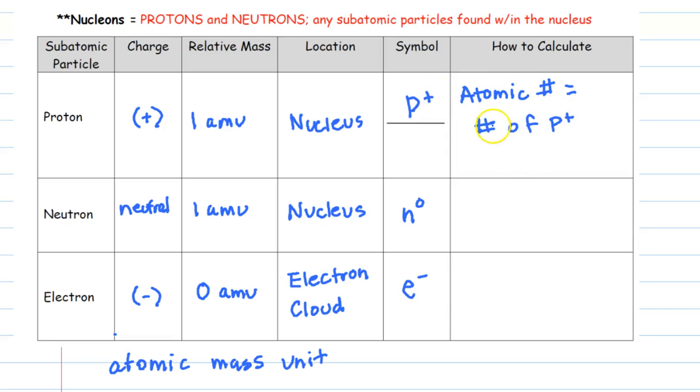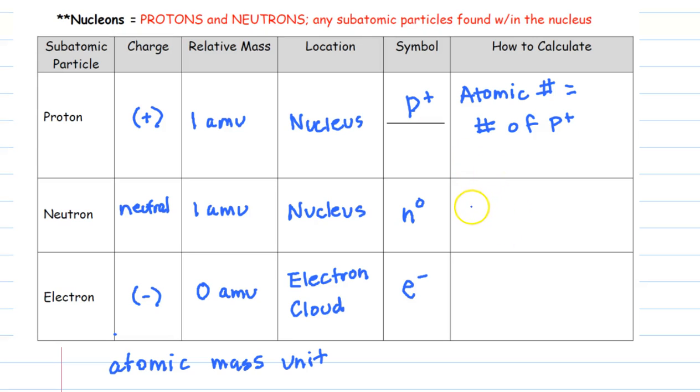So if you look for the atomic number, which is the whole number on your periodic table, then that's going to be the number of protons that it has. So look at sodium. The whole number on the periodic table for sodium is 11. So sodium has 11 protons.